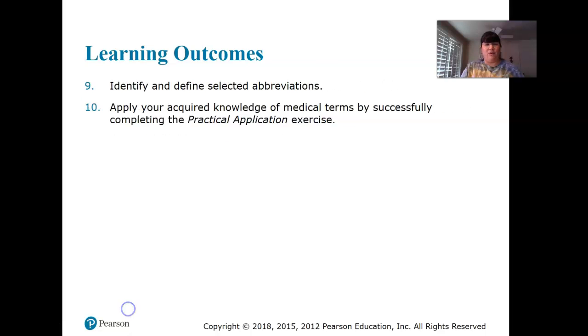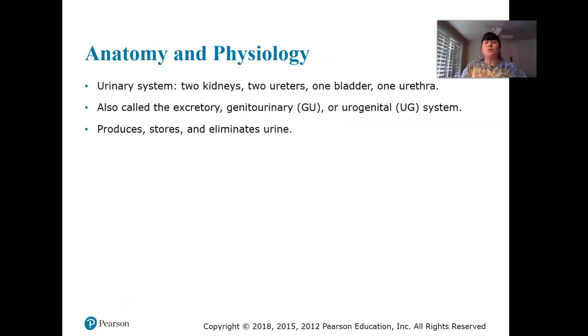All right, so learning outcomes just like before. So anatomy, physiology. So the kidneys, the ureters are the tubes that go down to the bladder that holds the urine, and then the urethra is the tube that's going to release the urine. So also known as the excretory, genitourinary, urogenital system, produces, stores, eliminates urine.